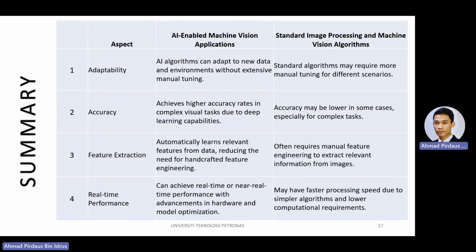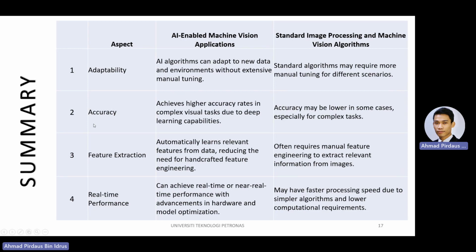Now, we have a summary here: eight points that we would like to highlight in the comparison between AI-enabled and standard image processing. The first one is adaptability. The AI can adapt to new data and environments without extensive manual tuning, whereas the standard algorithm may require more manual tuning for different scenarios.